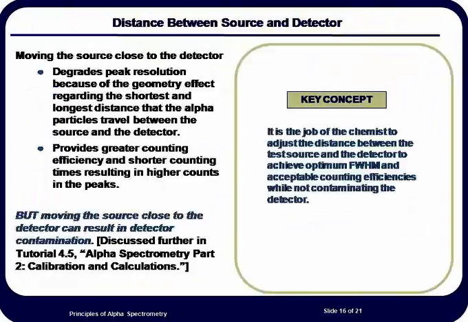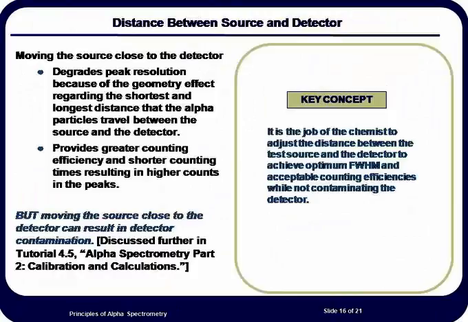The distance between the source and the detector is a critical parameter. There are three separate effects: the spectrum quality, the full-width half maximum, the efficiency of detection, and the level of detector contamination that do not work in concert. Moving the sample closer to the detector improves efficiency, but degrades resolution.